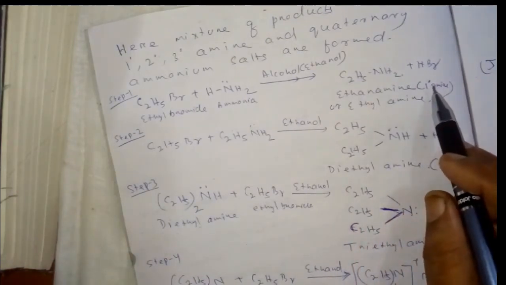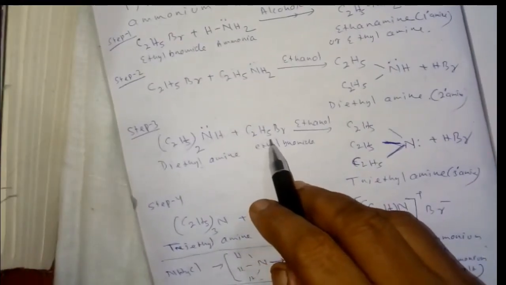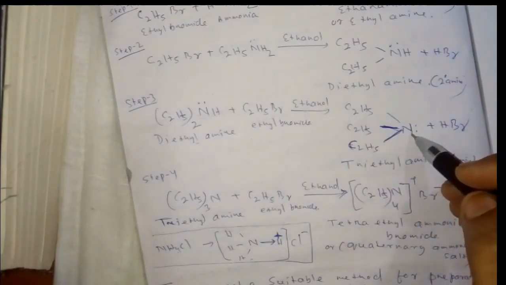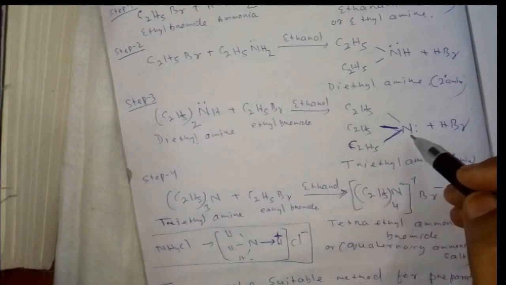First step gives 1 degree amine, second step 2 degree amine. In the third step, this diethylamine will again react with C2H5Br in ethanol, giving (C2H5)3N plus HBr. This is triethylamine.